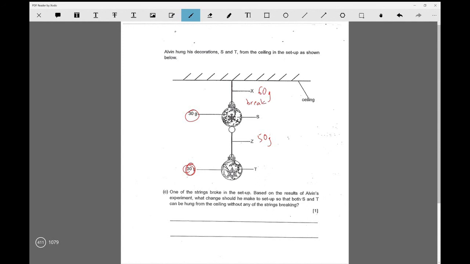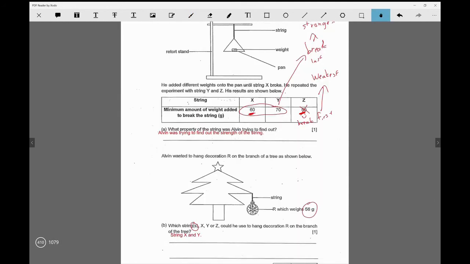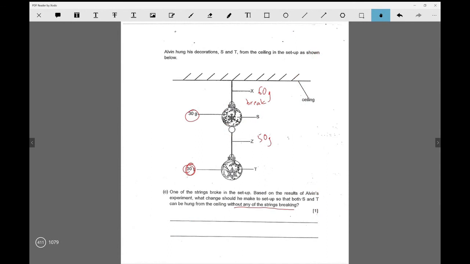Okay, so since now you know that X is the one that breaks, he asks you what changes can you make so that the strings will not break. Okay, so obviously X is not able to support, right? So let's go and look for another material. So if you look at the three materials, Y is capable of doing that. It can support up to 70 gram. Okay, so let's write that down.